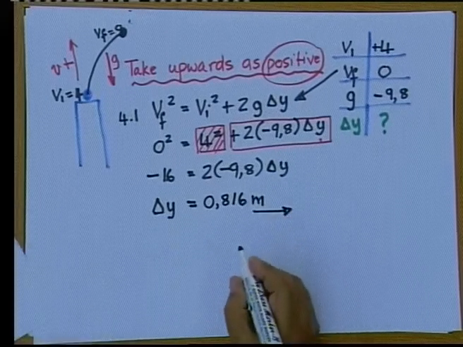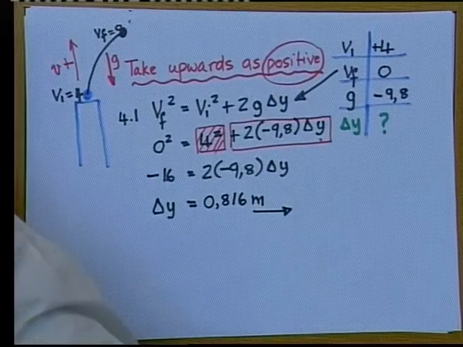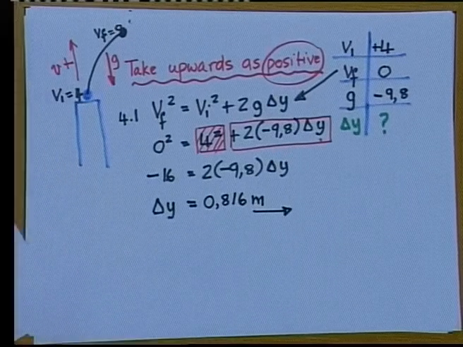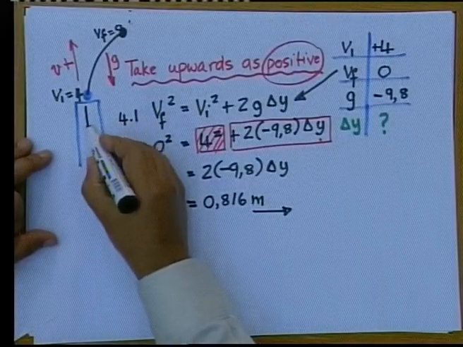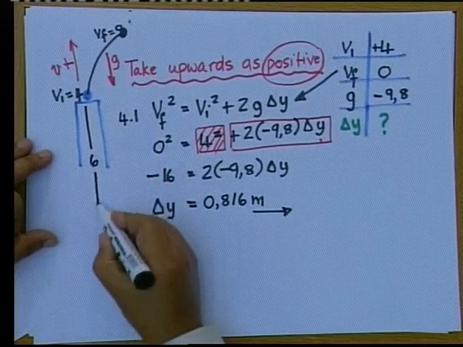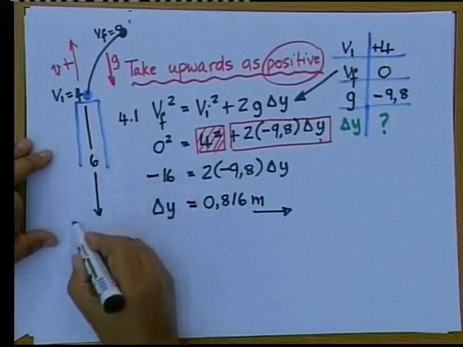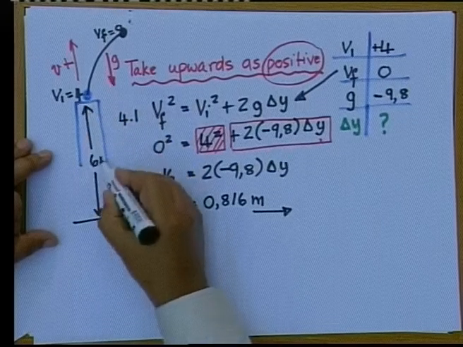But let me read the question very carefully, because I think there was a catch in that one. It says above the ground. Oh yes, and the height here from the ground to up there was 6 meters.